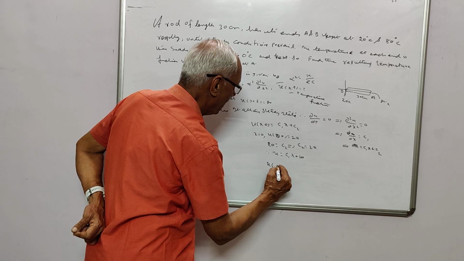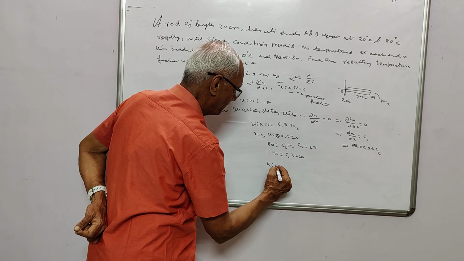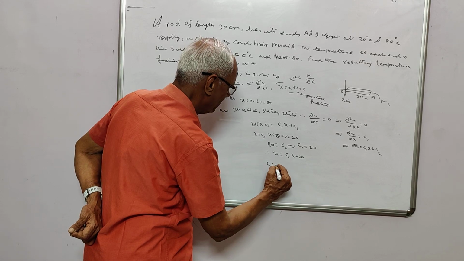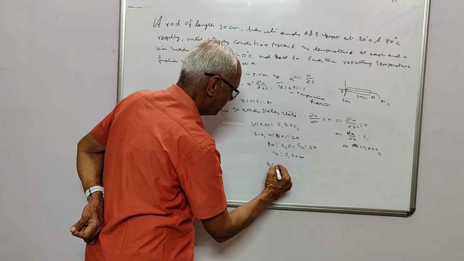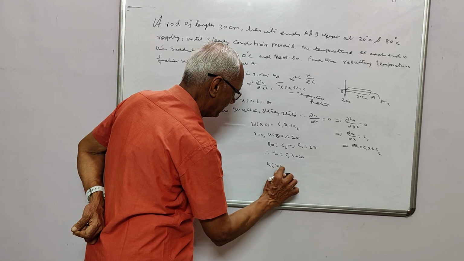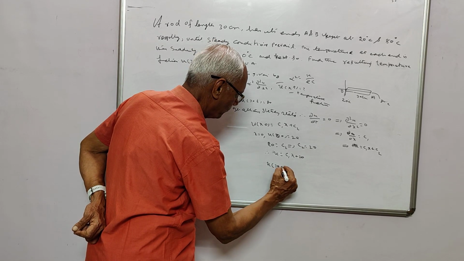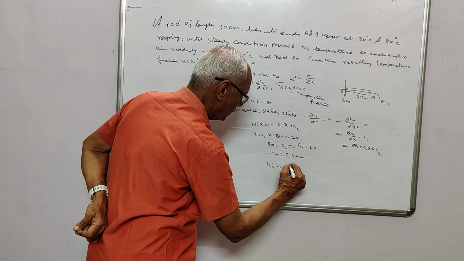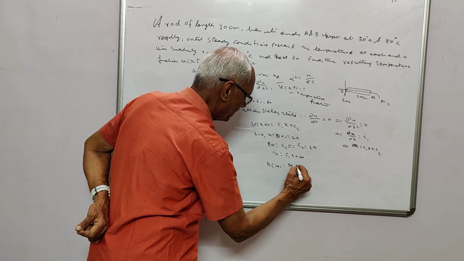Now what is u at the other end? When it attains a steady state, at x equal to 30, u of 30 is given to be 80.